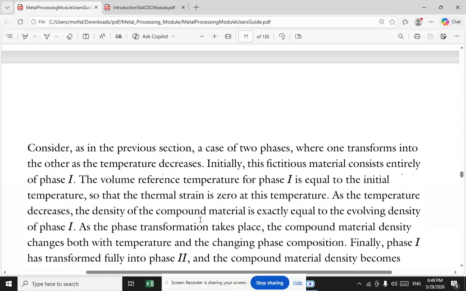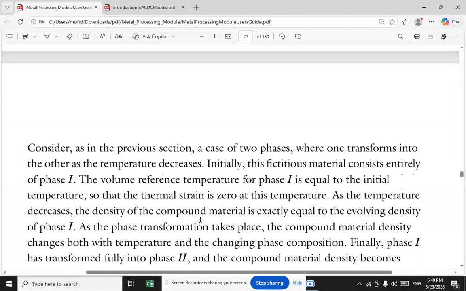Consider, as in the previous section, a case of two phases where one transforms into the other. The temperature decreases. Initially, this fictitious material consists entirely of phase 1. The volume reference temperature for phase 1 is equal to the initial temperature, so that the thermal strain is zero at this temperature. As the temperature decreases, the density of the compound material is exactly equal to the evolving density of phase 1.